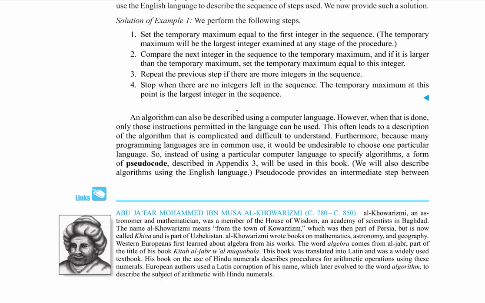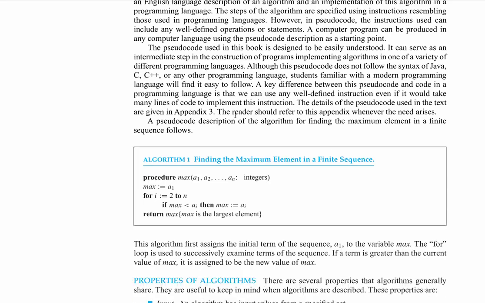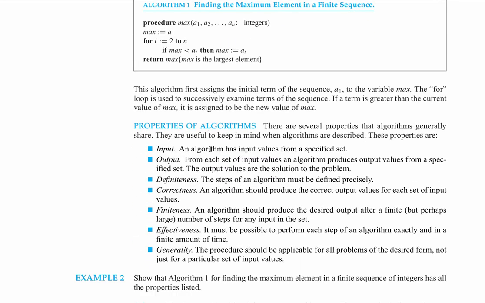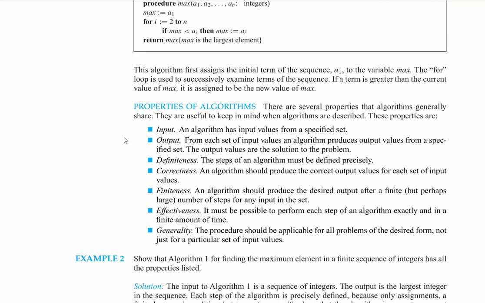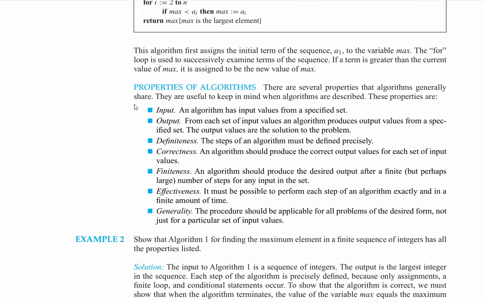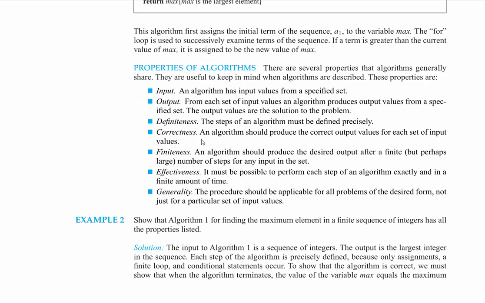Okay, so here's that maximum procedure. And so, the properties of algorithms: we want a specified input, and the output should be clearly specified, that is, the solution to the problem or the calculation.